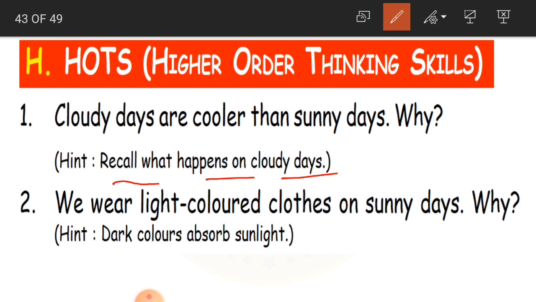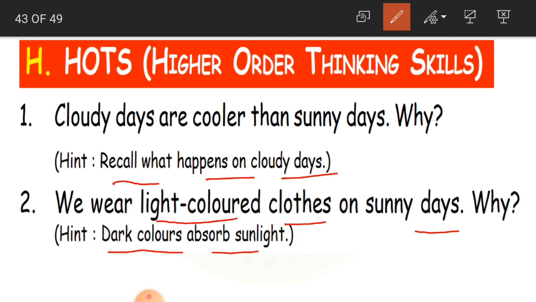And here, we wear light colored clothes on sunny days. Why do we wear light colored clothes on sunny days? Here there is a clue for you. Dark colors absorb sunlight. So when you wear dark colored clothes, they absorb sunlight, in the sense that they absorb heat.